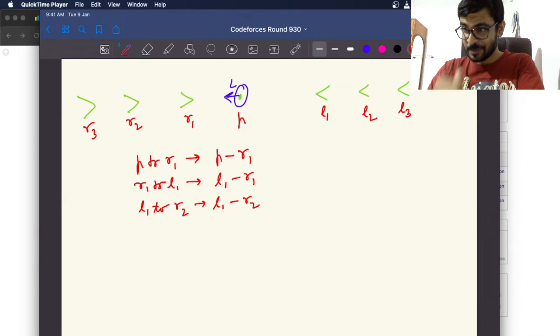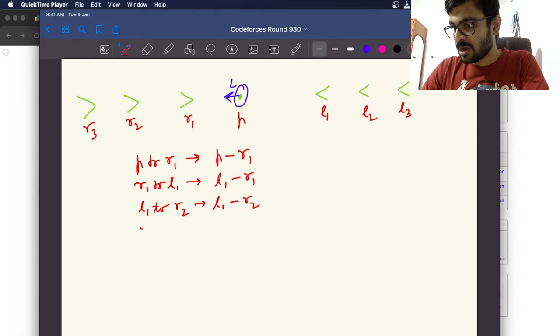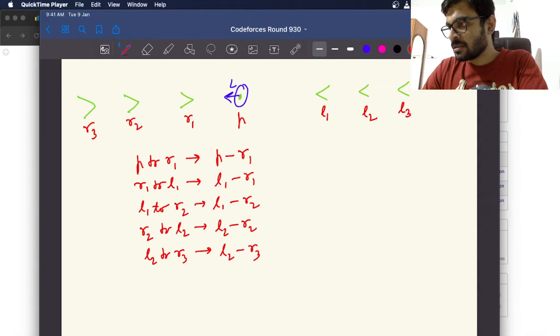Then it goes from R2 to L2, L1 is no longer a blocker, so R2 to L2 leaves L2 minus R2. Then L2 to R3, which is L2 minus R3, and then R3 to L3, which makes it L3 minus R3.